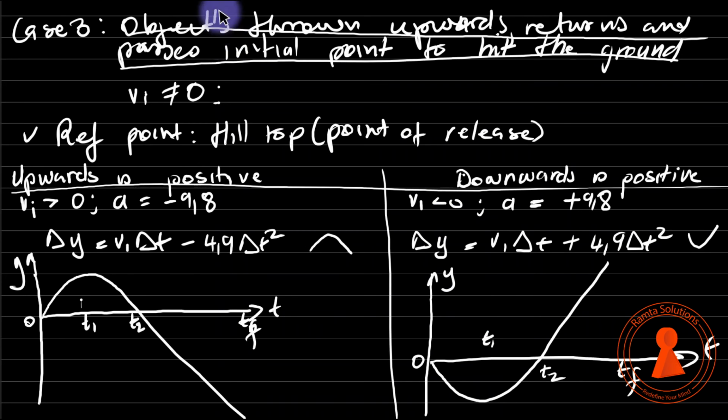Can you guys see that? Remember, this is maximum height. So guys, it's important to look at the shape of the graph. That will tell you which direction was chosen to be positive. Okay, so this is how your graph looks like. Remember here, this is when your reference point is the hilltop or your point of release.